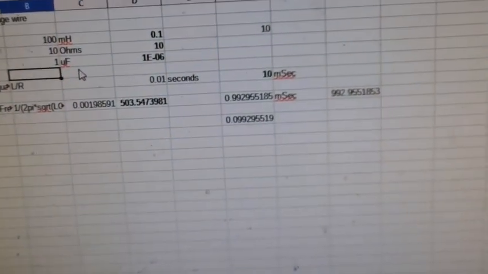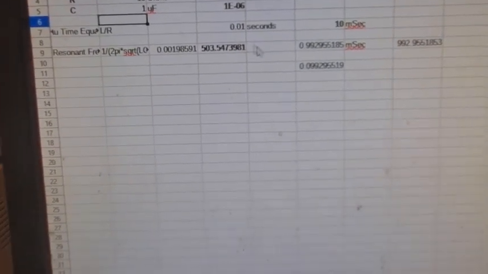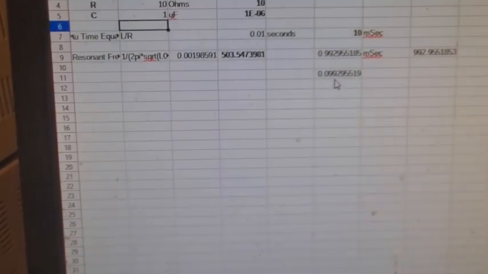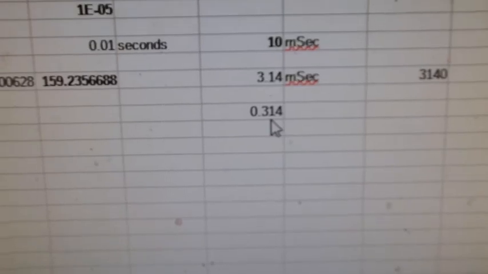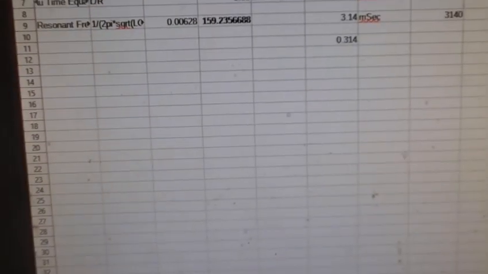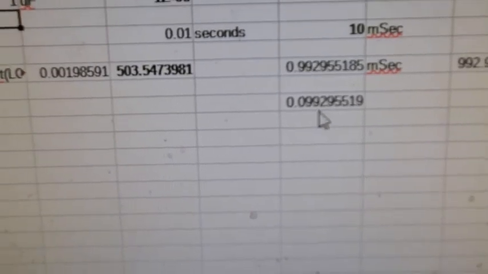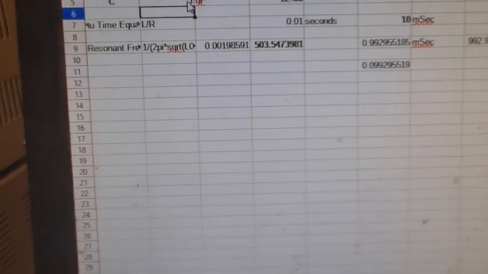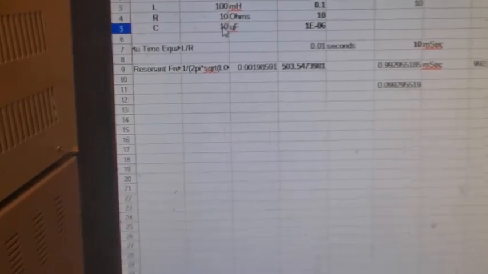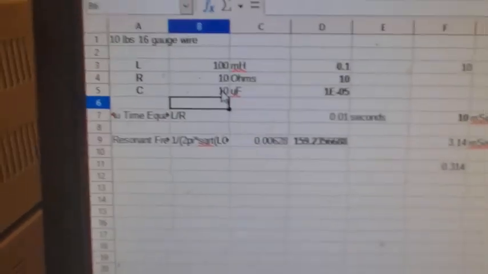If you take the square root of 10, it's 3 point something, and then you divide 0.314 by the square root of 10, then you get that. But that number now is better than anything we had before, just going to 1 UF. Now, let's go back to 10 UF. How else could you improve it?